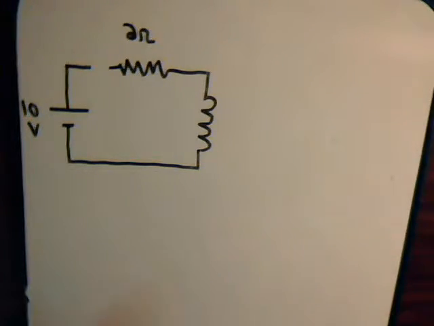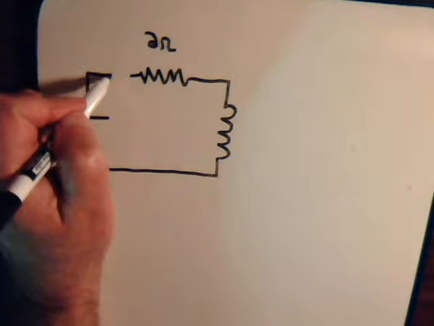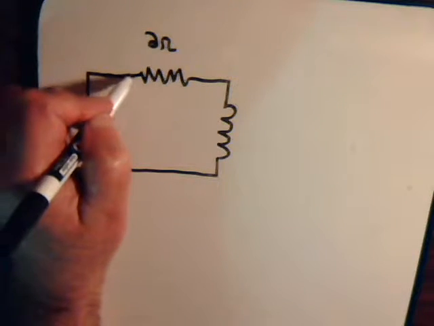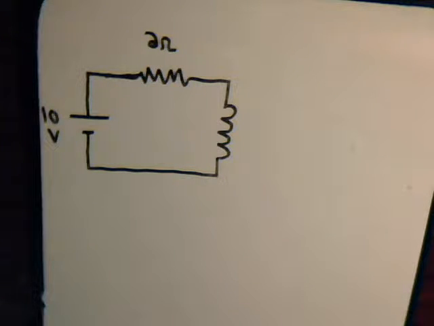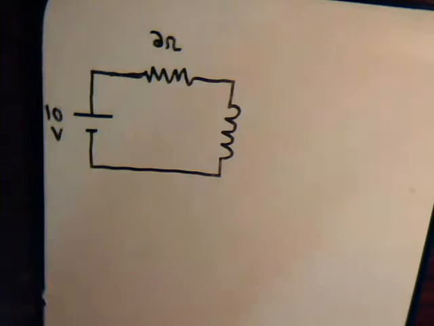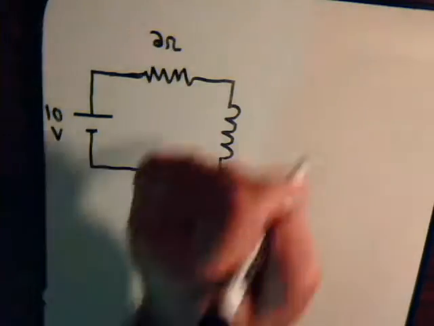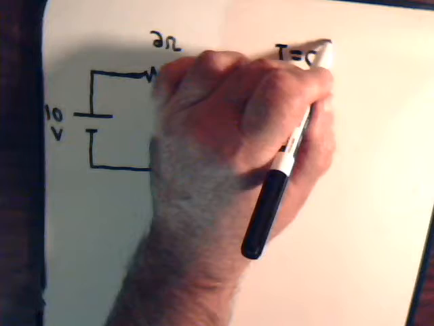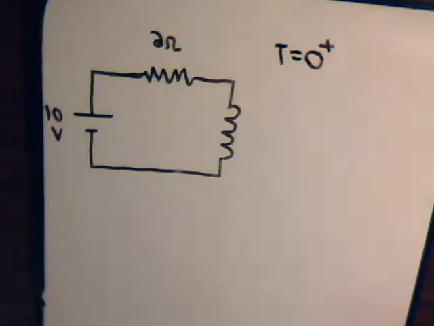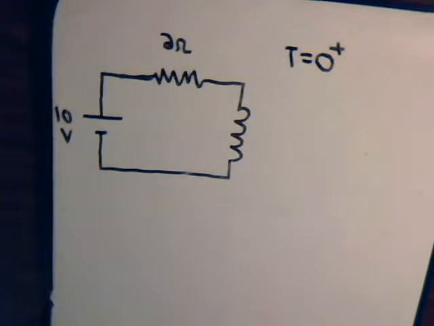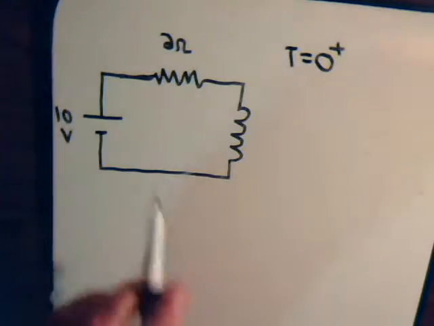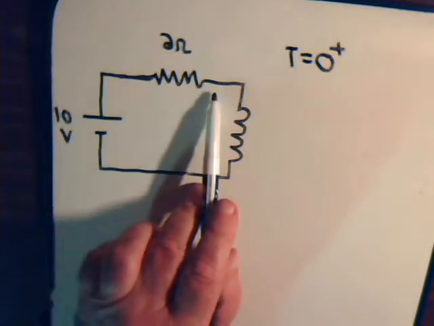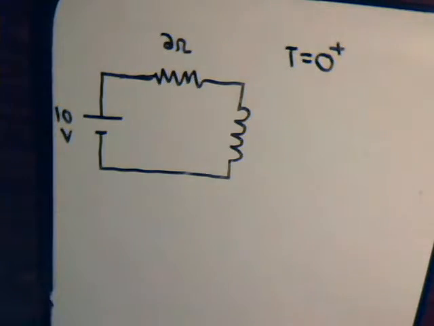So let's just say that there's a switch, and at time t equals 0, we throw the switch, so there's a connection here. Now, at the instant after we throw that switch, say at time t equals 0 plus, we mean instantaneously afterwards, what will happen is there's such a bare amount of current coming across the resistor here that there essentially is no voltage drop because the current is so small.